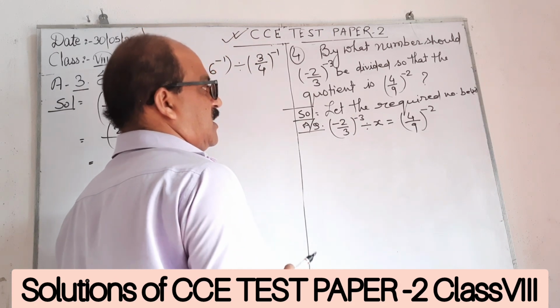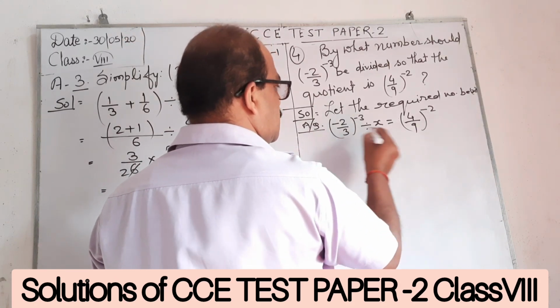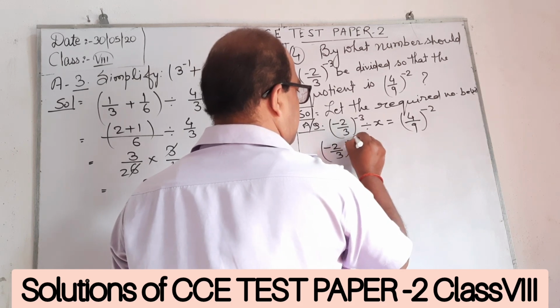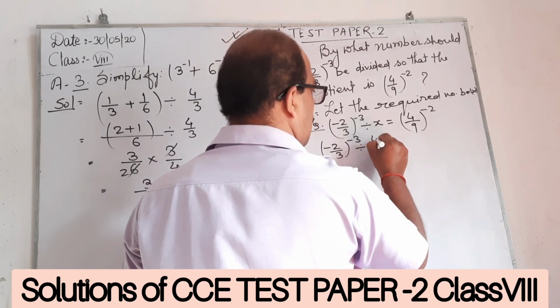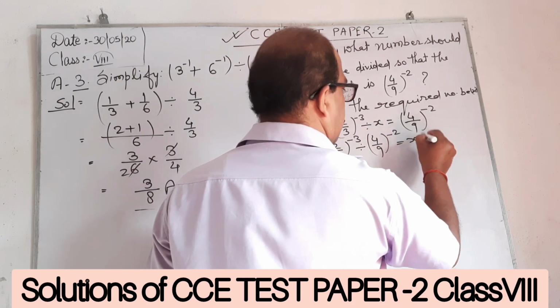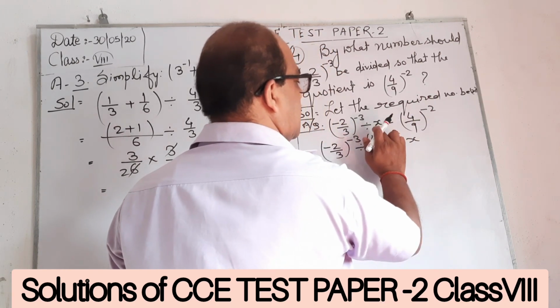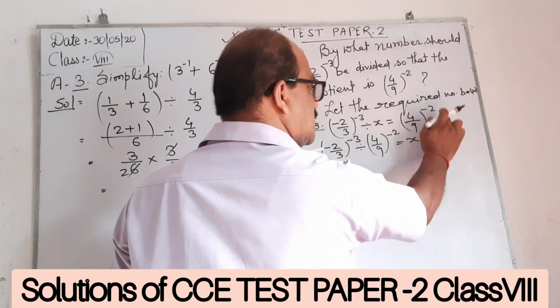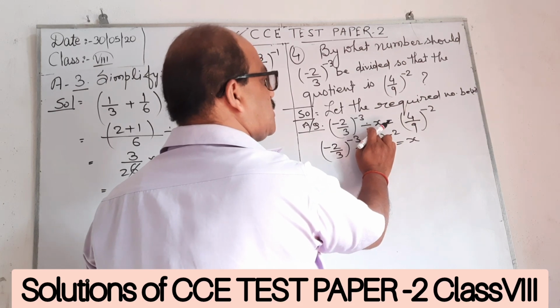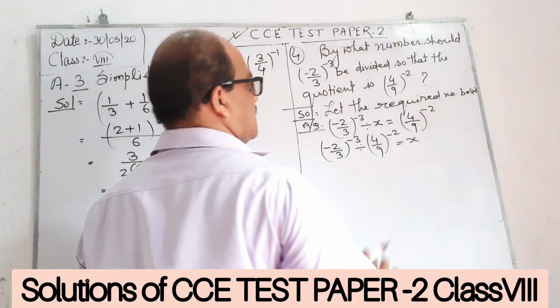This is the question. When you solve it, minus 2 by 3 to the power minus 3 divided by 4 by 9 to the power minus 2 is equal to x. When you transpose it, x and this number swap places.